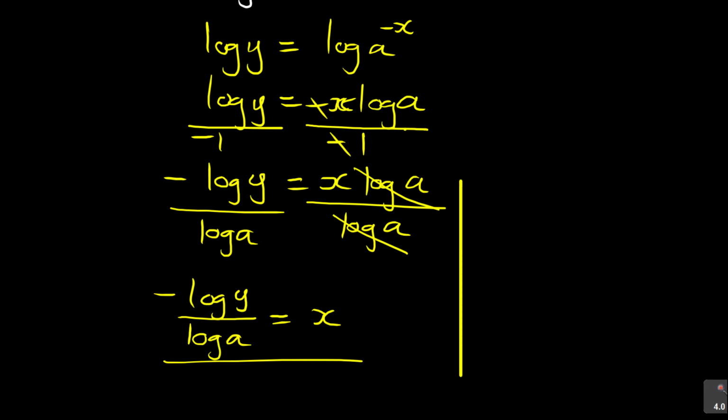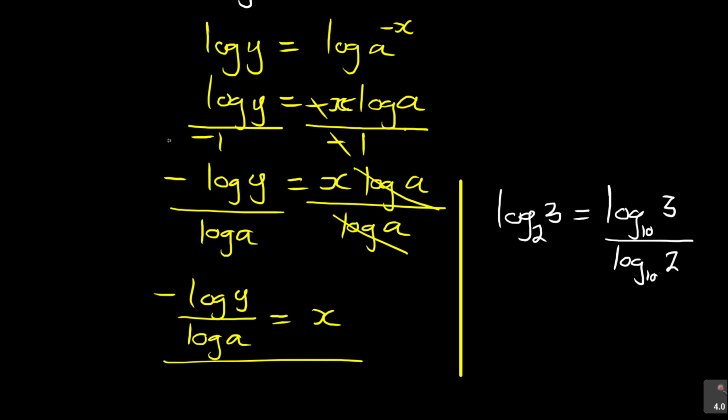But remember, if I say log in base 2 of 3, let me use real numbers here. If I want to convert this to base 10, this is the same as saying log base 10 of 3 over log base 10 of 2.